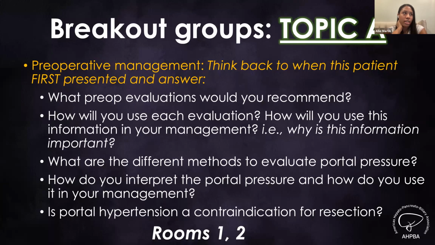So we would look for splenomegaly, recanalization of the umbilical vein, all those secondary signs. We would probably defer to GI hepatology on whether an upper endoscopy was needed to look for things like esophageal varices. We would use each of those evaluations to guide whether we thought something more invasive was needed, like the direct transjugular measurement, using the typical interpretation cutoff of greater than 10 millimeters of mercury for the hepatic venous pressure gradient.